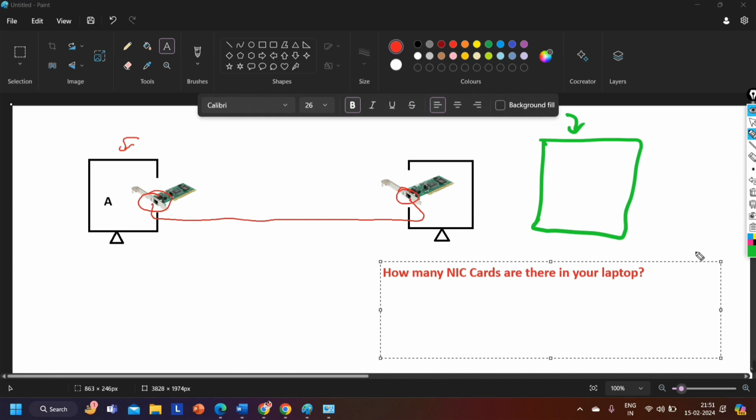How many hardware do you have to purchase? Two. You need to purchase two hardware: on one you can run Windows, on another you can run Linux. But with the help of virtualization, on a single hardware you can run both operating systems, right?